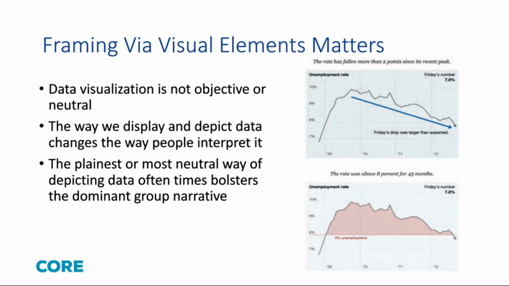And either one on its own feels like a totally neutral and factual piece of data viz. But we know that it's not really neutral and it's only a partial perspective. So the way that you depict your data really can have an influence on how people are understanding and interpreting it. We'll go to the next slide.